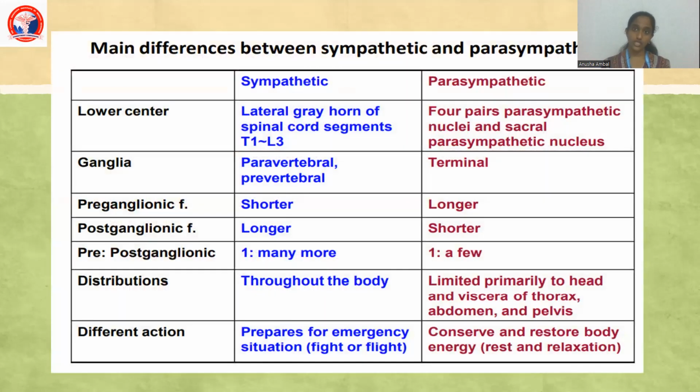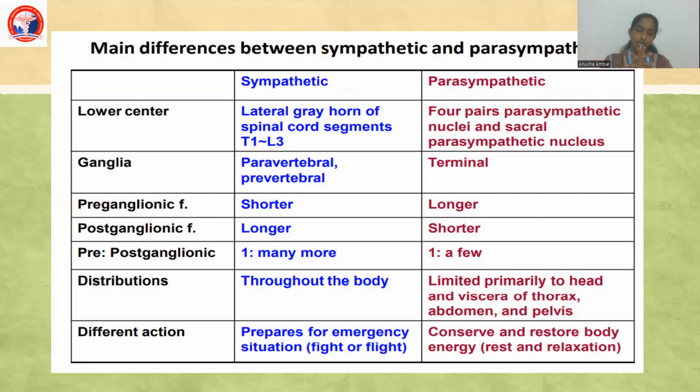Now, under the autonomic, we are going to compare sympathetic and parasympathetic. The thoracolumbar T1 to L3 is the sympathetic outflow. Craniosacral, 4 pairs of cranial nerves and S2 to S4 sacral outflow, constitute the parasympathetic centers.